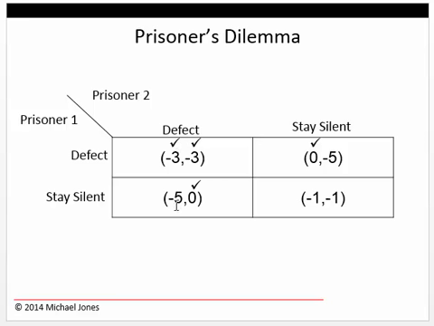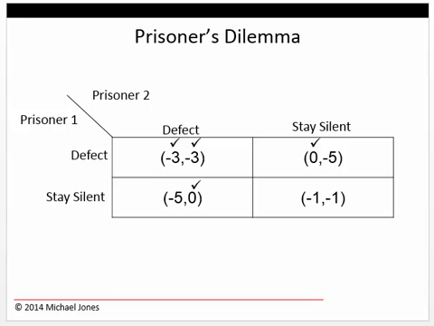Because -5 is worse than -3. And if prisoner 1 defects and I'm prisoner 2, then I have no incentive to change my strategy and stay silent, because -3 is better than -5. So whenever you have a mutual best response, with check marks over both of those payoffs, then you know that you have a Nash equilibrium.